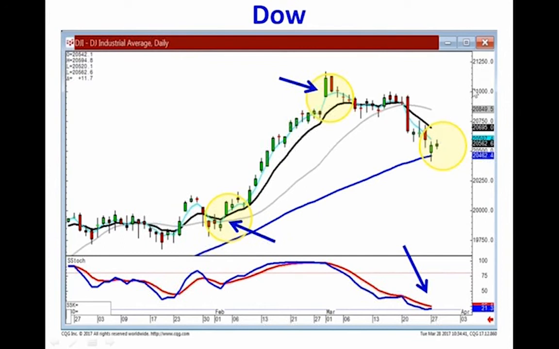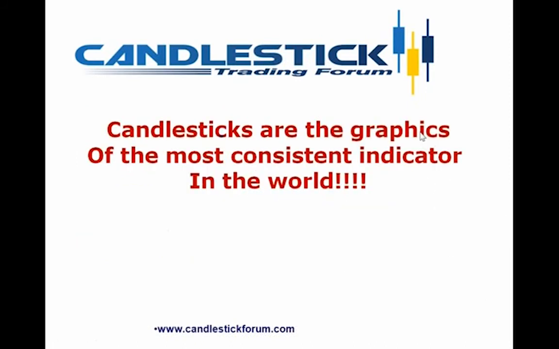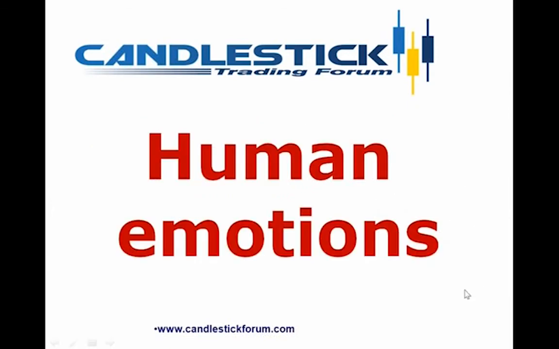That we're probably in our next wave to the upside. All right, so with candlesticks, you don't have to worry about formulas. You don't have to worry about price percentages. It's just common sense visual analysis. And it's based upon the most common and consistent indicator in the world. That's human emotions.